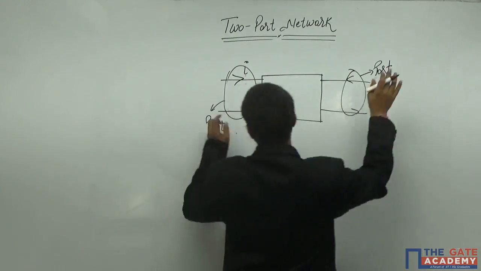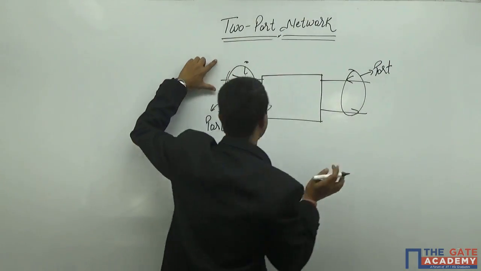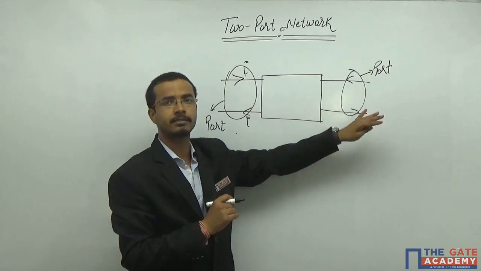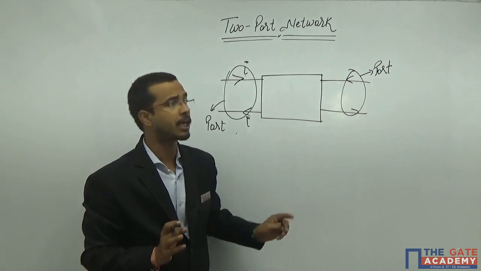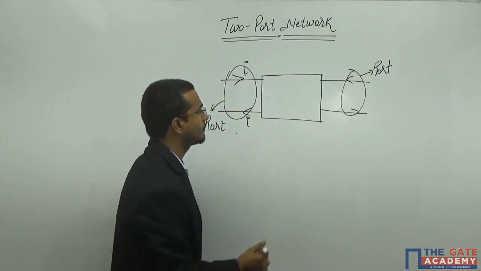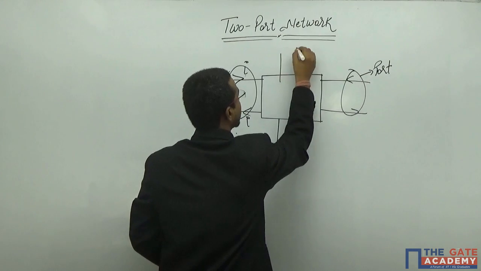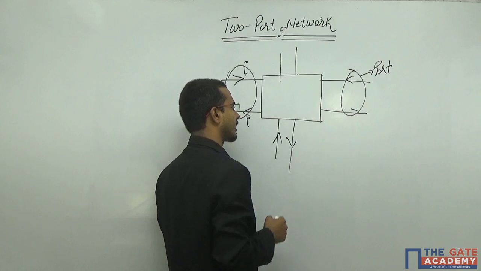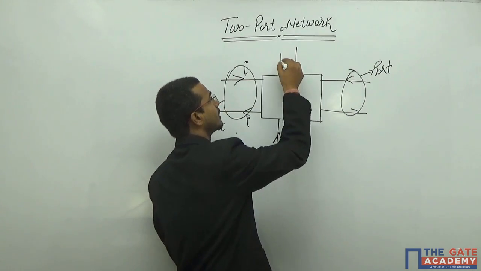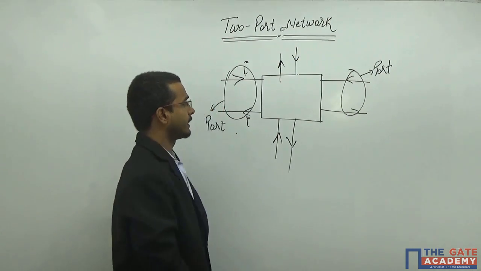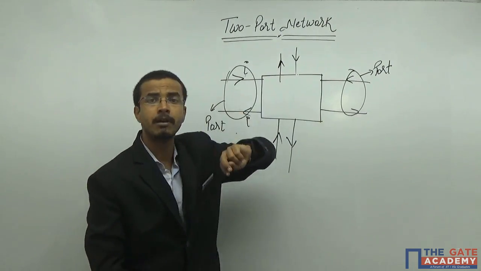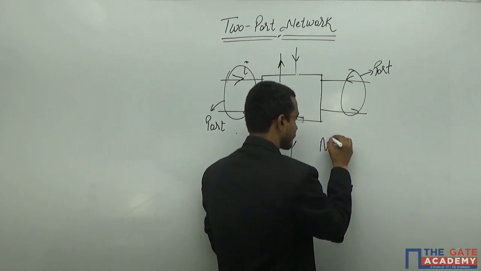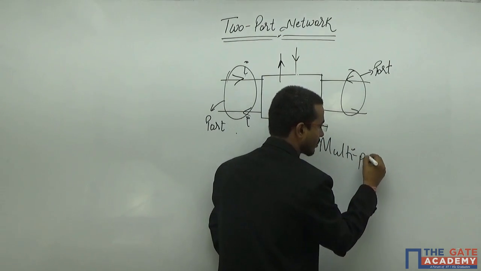Whenever you have only one such combination, that is known as a single port network. If you have two such pairs which are following the condition, that means it is a two-port network. If you have multiple such combinations, that means if you pump the current from here and you get the same current at the opposite arm, and the number of such ports is more than two, then that is known as a multi-port network.